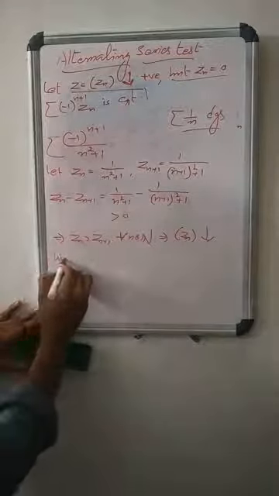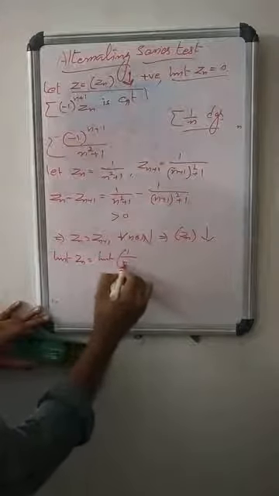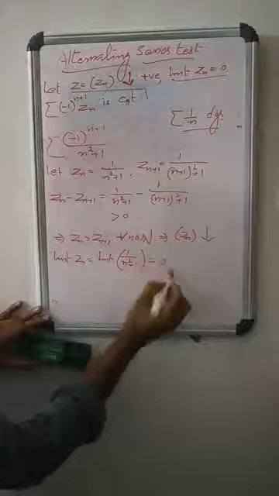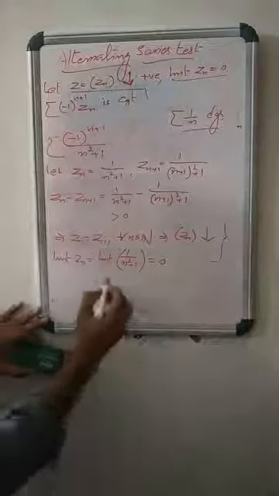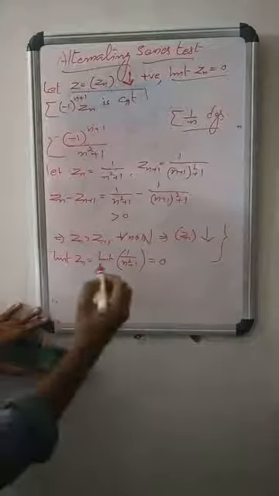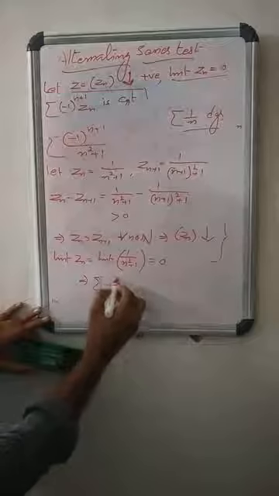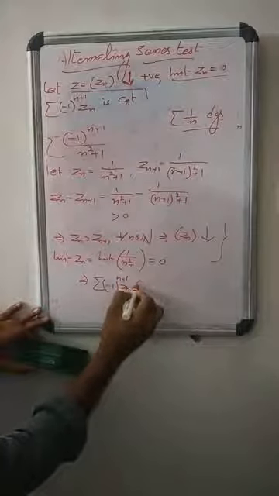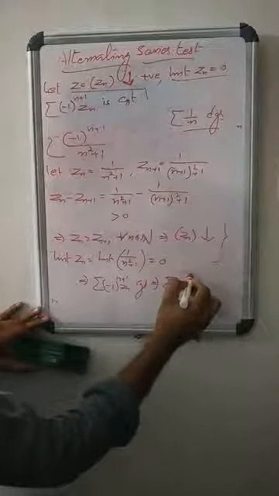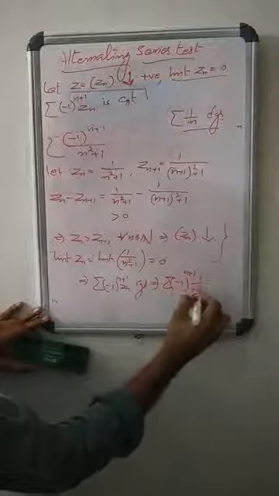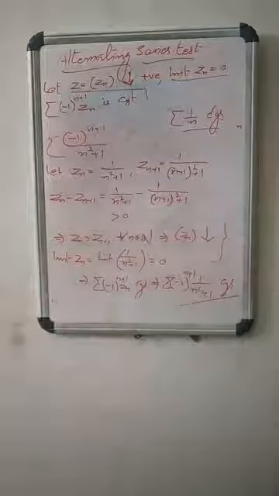What about limit z_n? Limit of 1 by n squared plus 1 is 0. So z_n is a decreasing sequence of strictly positive reals with limit z_n equals 0, then by the alternating series test, sigma (minus 1) power n plus 1 by n squared plus 1 converges. Clear? Okay, thank you.